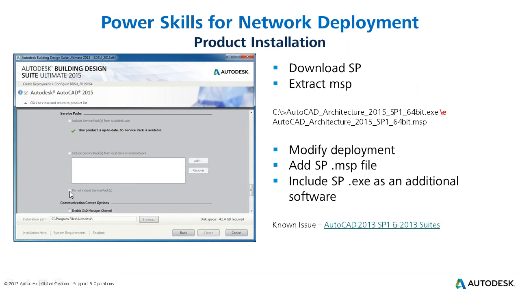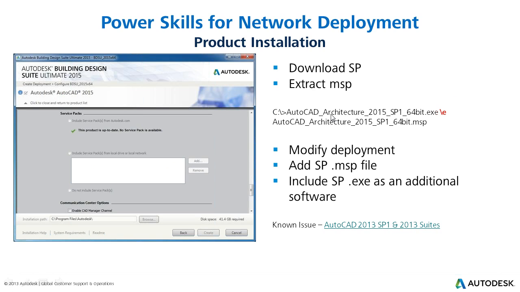You also have the option not to add the service pack to the deployment. Let's say you create a deployment today and the service pack was not available, but 6 months later a service pack became available. You can come back to your deployment, run the modify deployment wizard, and append and include that service pack from here. So you click this option, include service pack, and then browse to your service pack MSP file to include with your deployment.